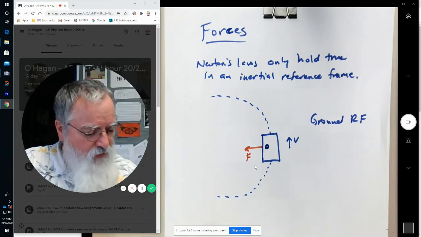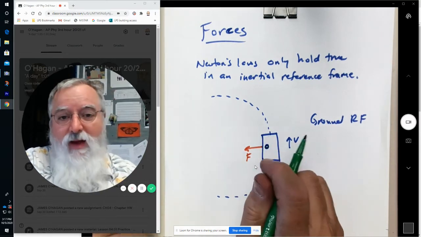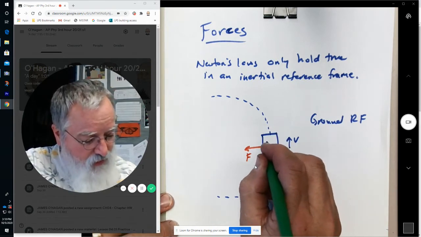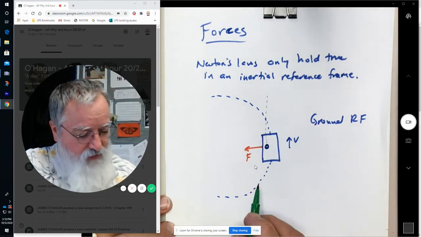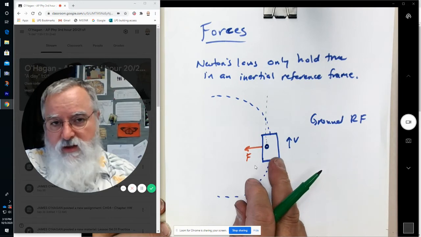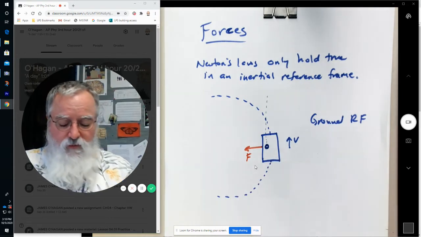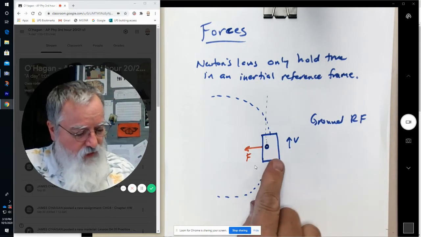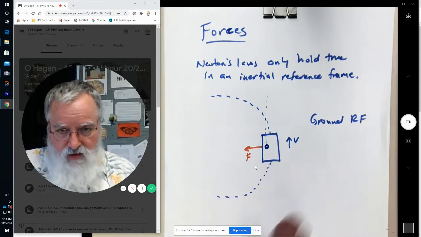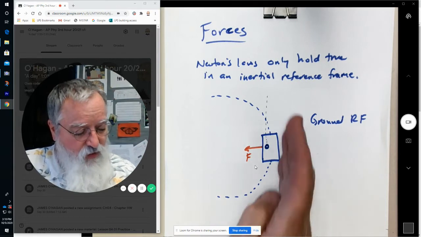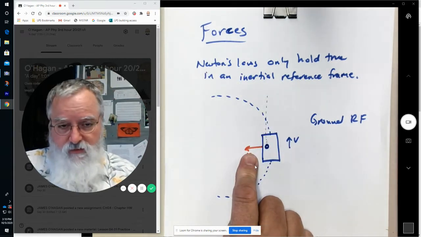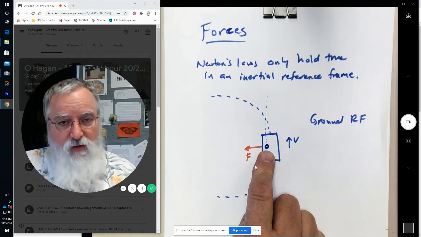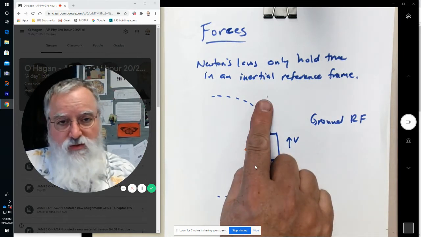And once I let go of the ball, it now has no forces. It's not being pushed or pulled, and the ball will continue in a straight path until, of course, it runs into the car. The car and all that's in it, as long as it's held together rigidly, is going around a turn because of this force. Once we let go of the ball, having no force on it, it continues to go straight.